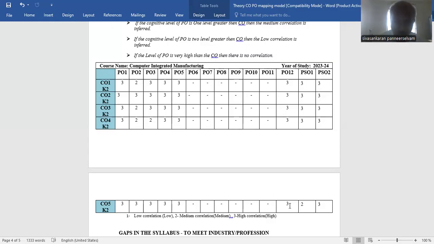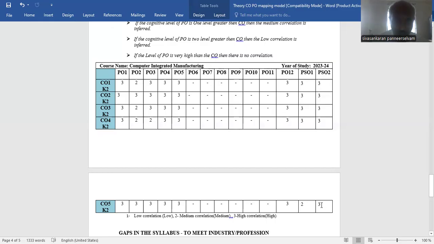So this has a high correlation. So 3 is awarded for PO12 with CO5. And the next thing, PSO1 and PSO2. PSO1 has a medium correlation with CO5, and PSO2 has a high correlation with CO5.